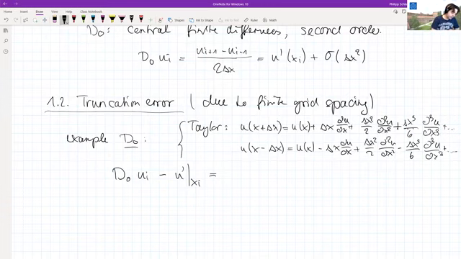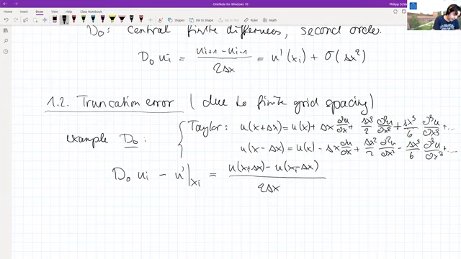Okay. So now I put the Taylor expansion in this expression for the truncation error. So we have u of x plus delta x minus u of x minus delta x divided by 2 delta x, and we need to subtract the exact derivative, so du dx evaluated at xi.